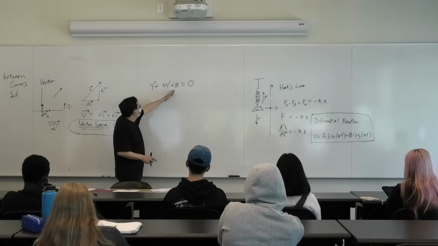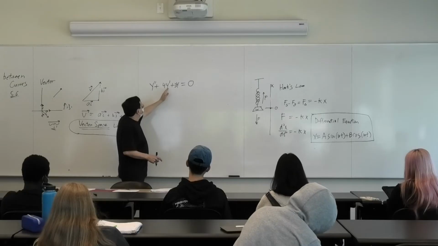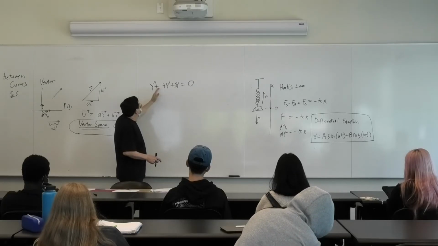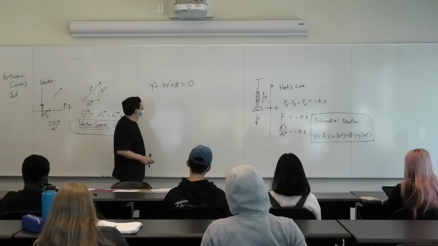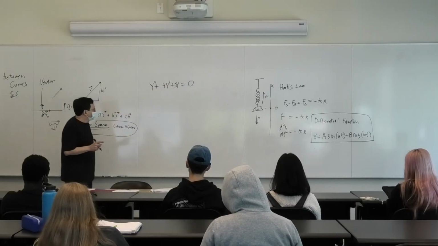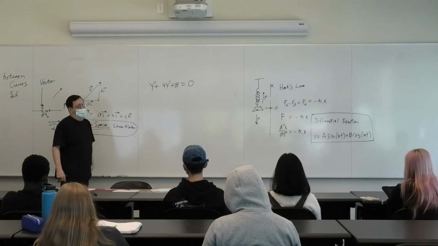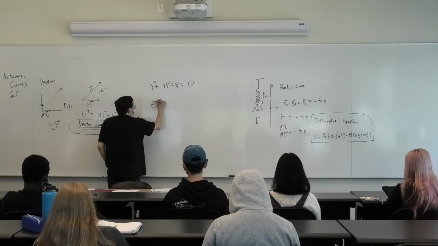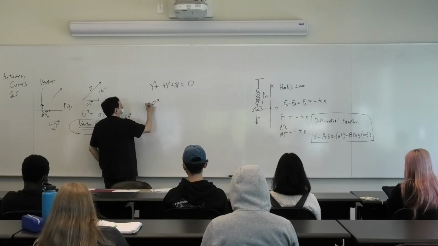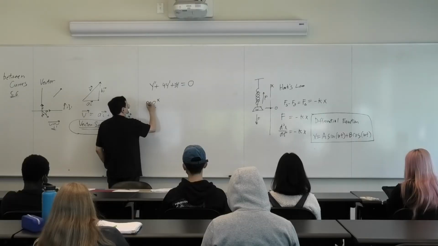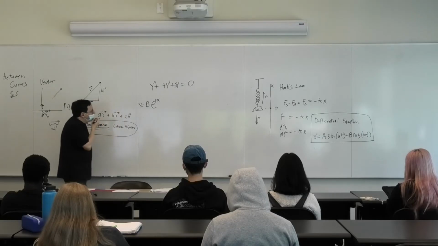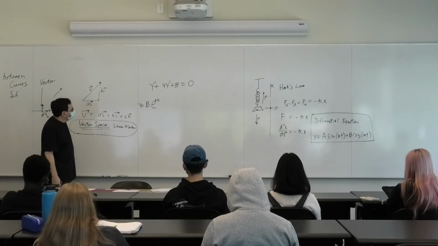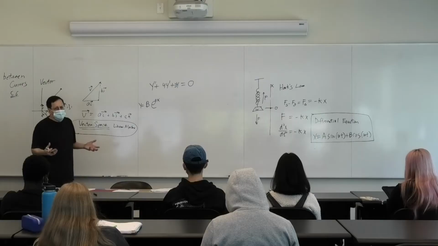If we had like x squared, well, the derivative of x squared is an x, the derivative of that is just a constant, and how are we going to get that to always equal 0? But we do know of a function that's really useful in this context, which is e to the x, or rather I'm going to give us a little room here. I'm going to put some constants in. Y equals e to the ax. And I'm just going to propose this as a possible solution. Get us through here.